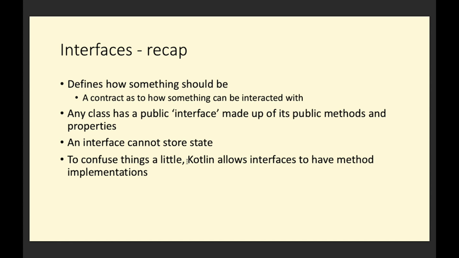I think the example we gave last year was with a plug. We can't store state in an interface. Just to confuse things, and for full transparency, with Kotlin, if we have an interface, we can actually write an implementation for a method in an interface, which is a bit weird, but we're not going to do that today. We just need to remember that an interface defines how something should be.